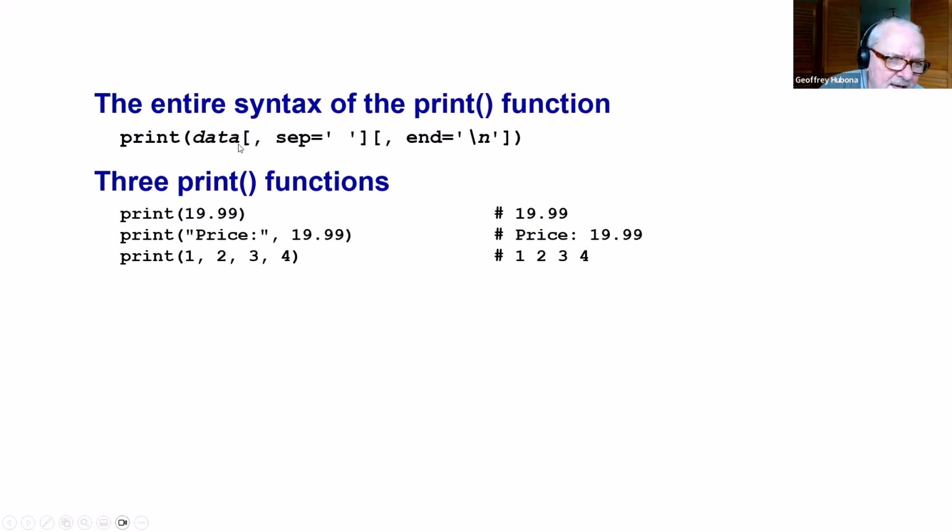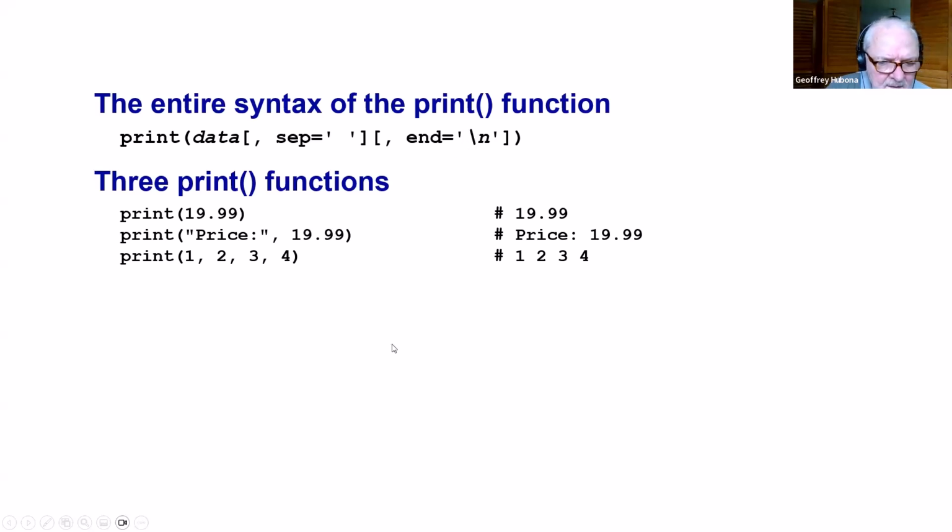No, data is not optional. Data is required, but it can be nothing. You can have nothing in there. What is optional is that you change the value of the separator argument. So the default separator is a blank, and you can change the value. What is optional? You can change the value, include this or not include this, change the value of the end argument. The default end is to throw a line.